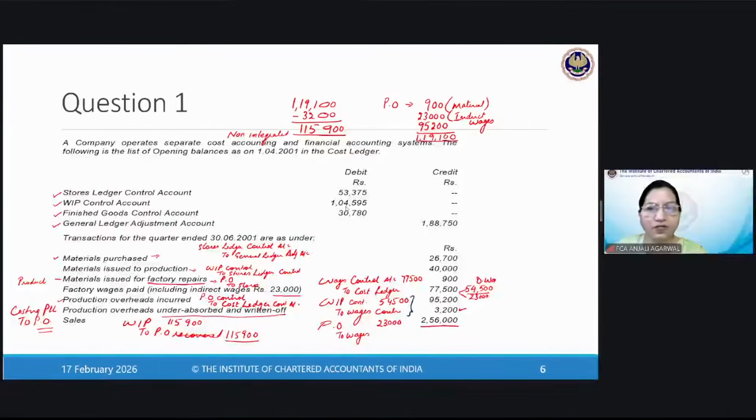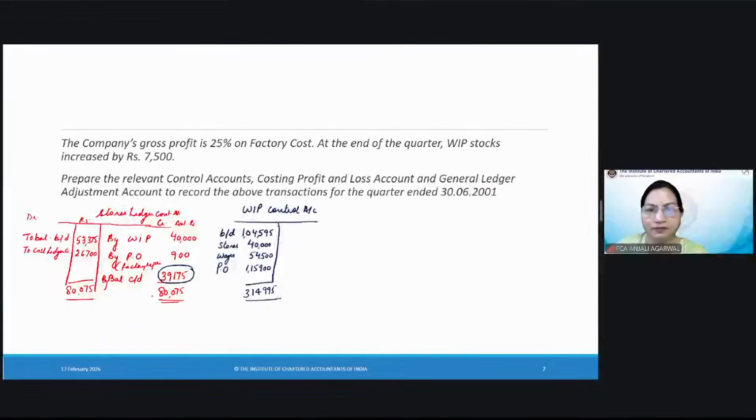Then you have finished goods control account, which already had a balance of 30,780. How much is 30,780? To balance brought down 30,780.